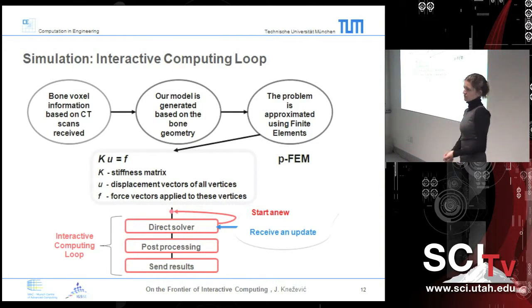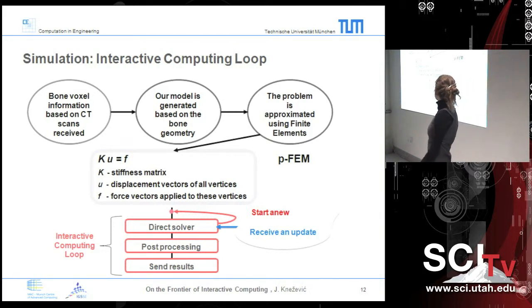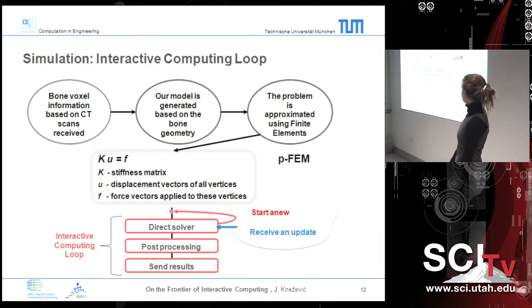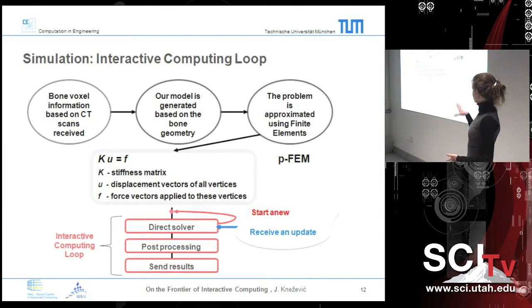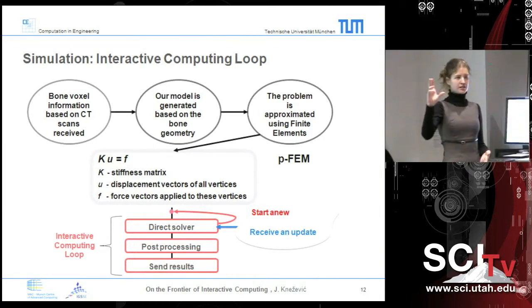So the guys from our chair developed a variant of the PFAM code. So this is what's behind. And of course, what results from this is a very well-known linear system of equations where one calculates the displacement vectors of all the vertices. So one calculates this as a result of applying different forces and also having different implant positions in the bone.